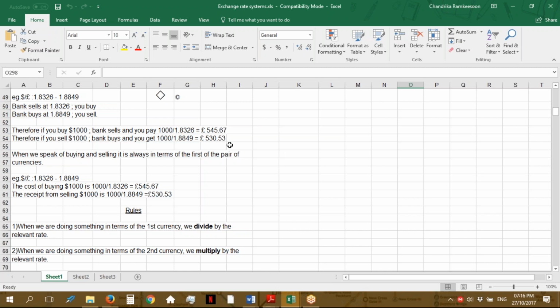The same thing would apply in Trinidad, by the way, except the quotes would look different. But if you've got a thousand US dollars in a bank in the UK, and you go up to the teller and you say, look, I'd like pounds for this, so literally you are selling your dollars over to the bank.